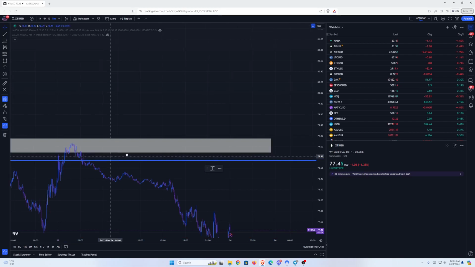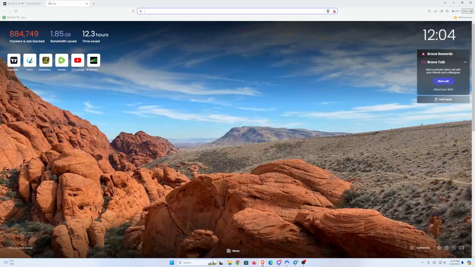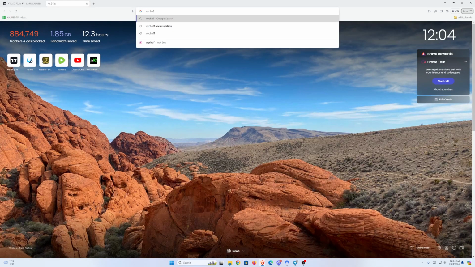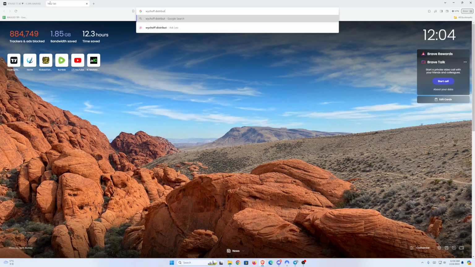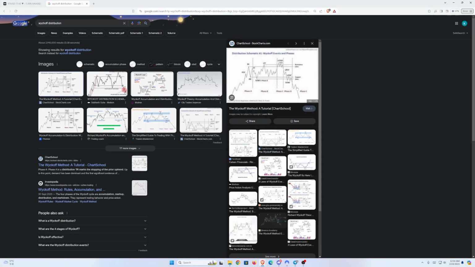Okay, so in here you will see price would have done some kind of Wyckoff pattern. They call it Wyckoff distribution, and you will see it looking something like this. See if I can zoom in on it.